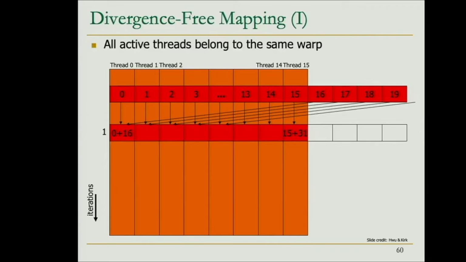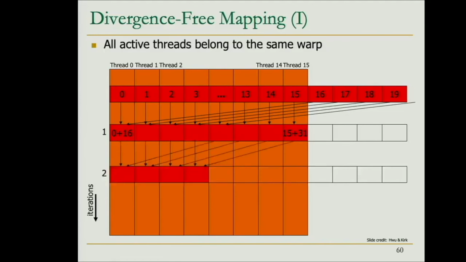So if this, instead of being 16, is 32 threads, the 32 threads belong to the same warp, right? In this example, you can maybe think about a thread block of 16 warps and think about warps of 4 threads. So if this is a thread block of 16 warps, I have the 4 warps working in the very beginning. In the next iteration, half of the warps retire, but the other half continue working.